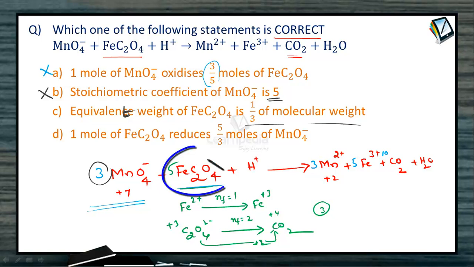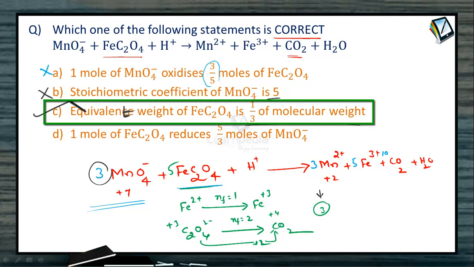In the case of this ferrous oxalate, the net change we found, that is n factor, is 3. So when the n factor is 3, equivalent weight will come out to be molecular weight by 3. What is given is also the same, equivalent weight of FeC2O4 is 1/3 of its molecular weight. N factor being 3, molecular weight by 3 must be the equivalent weight. So therefore C is the right option.